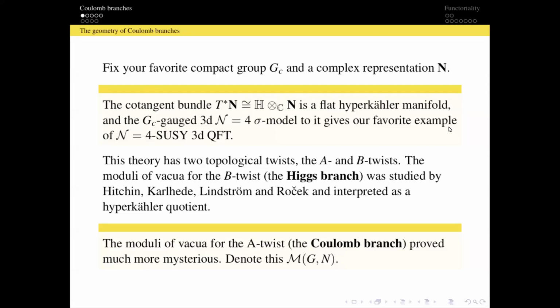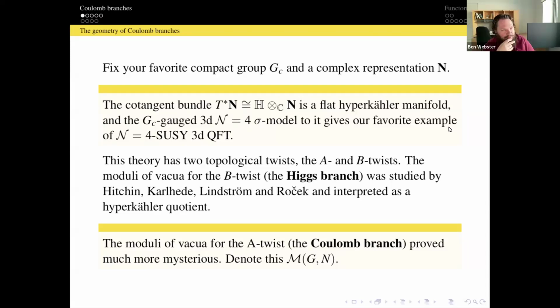Marco Gualtieri gave a talk a couple weeks ago that also involved Roček's work, Amihai says. That is true. I don't know, maybe this isn't the right one to emphasize. This is the best paper I found that describes this stuff. But obviously all of this developed over a long period through work of many authors.